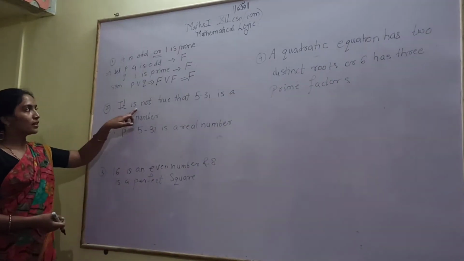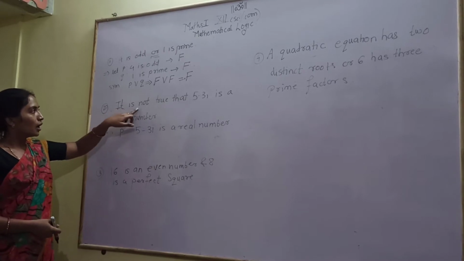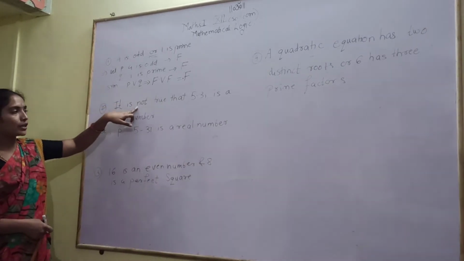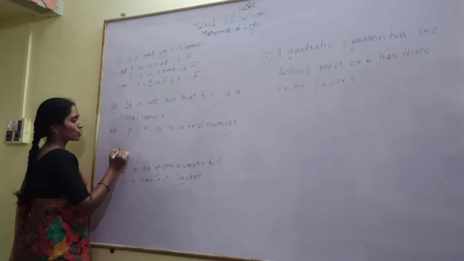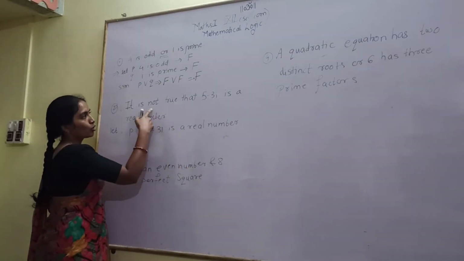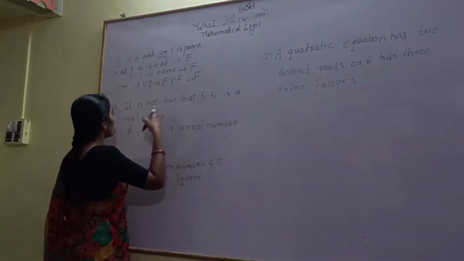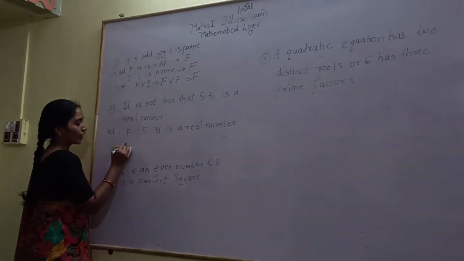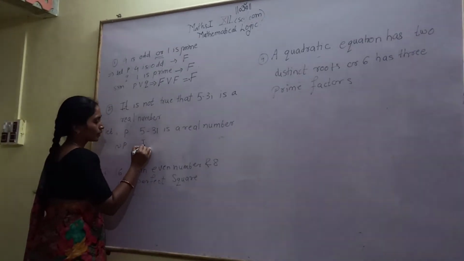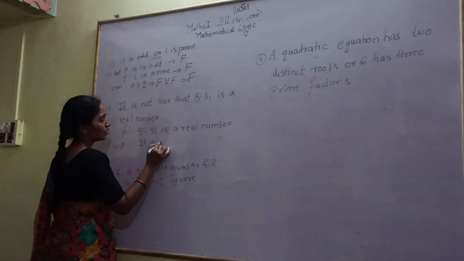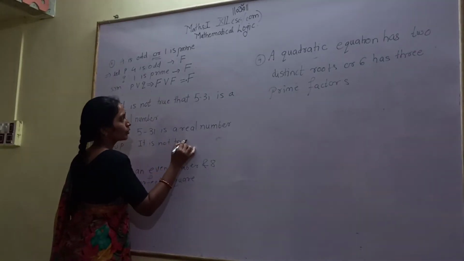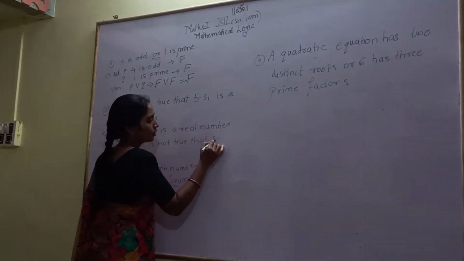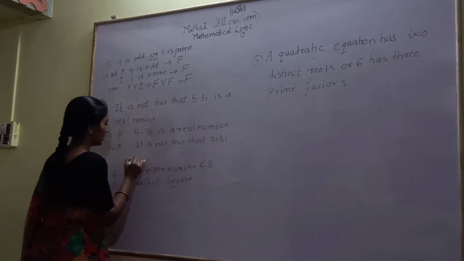Yes, you can see in this compound statement a not, a negation, is used. Therefore, negation of P is what? It is not true that 5 minus 3i is a real number. Therefore, write negation of P.